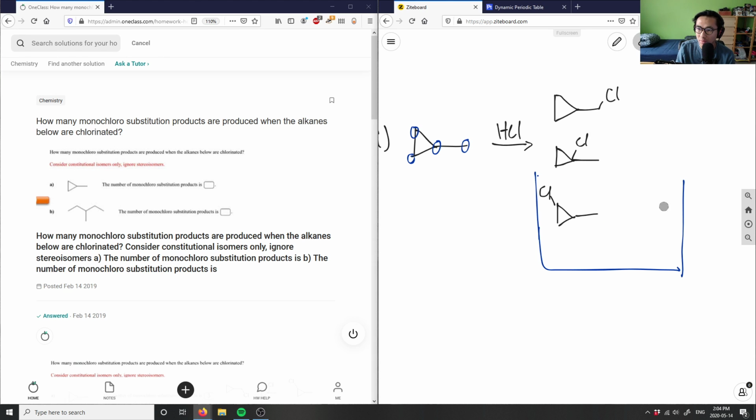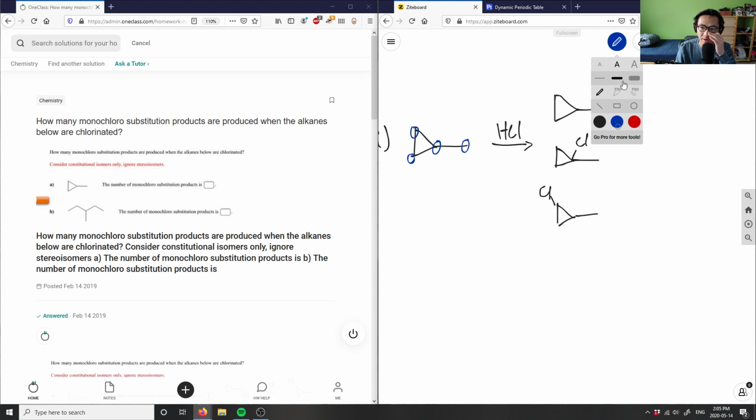It means in this case the number of monochloro substitution products is 3. This here is number 1, this here is 2, and this here is 3. So these are going to be my 3 monochloro substitution products for 1A.